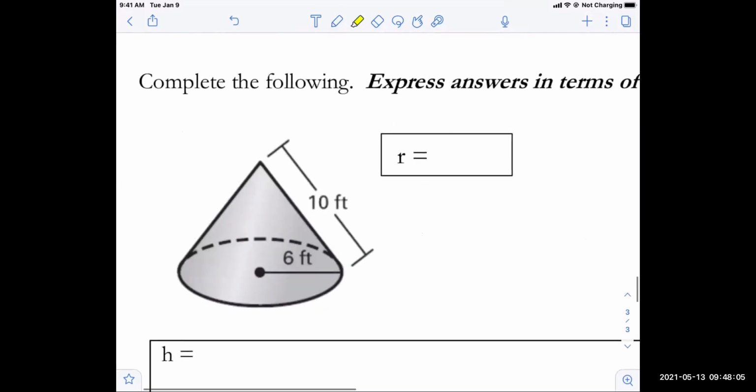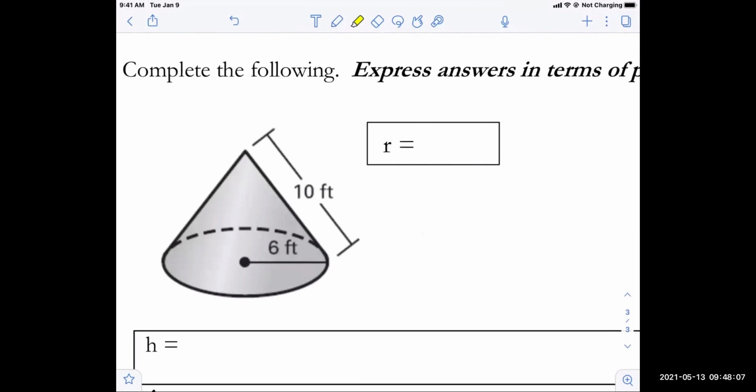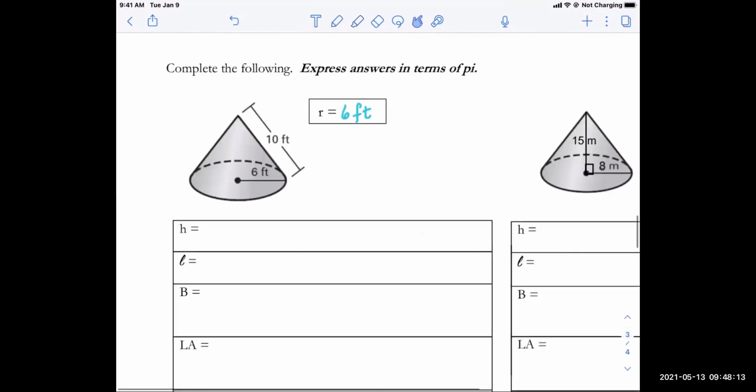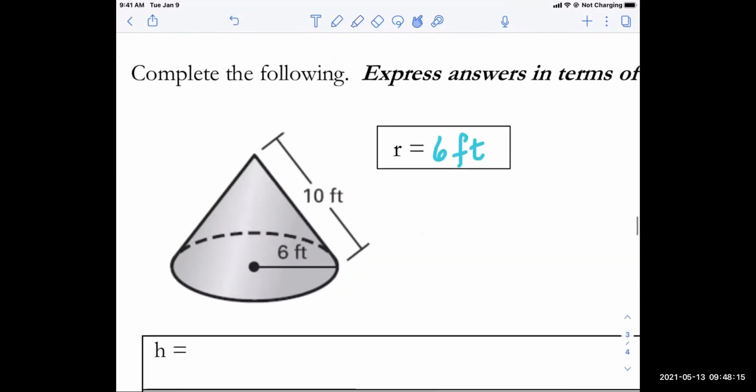Okay. What is the radius? 6. Okay, so in that picture, our radius is 6. Lily, do we have the slant height or do we have the height of the cone? Lily, is that slant height or is that height of the cone?